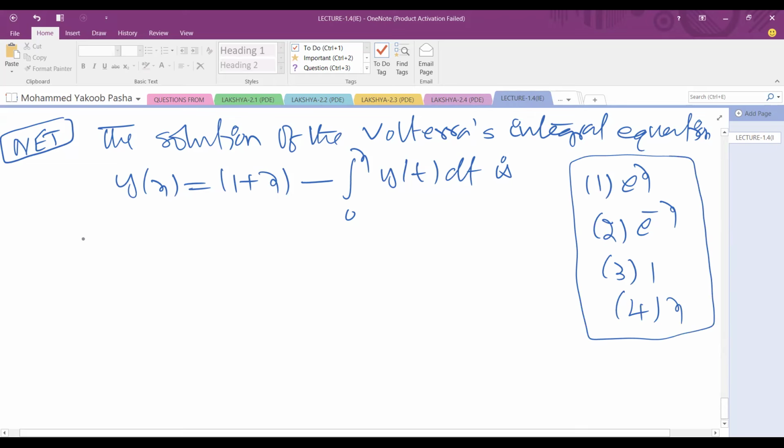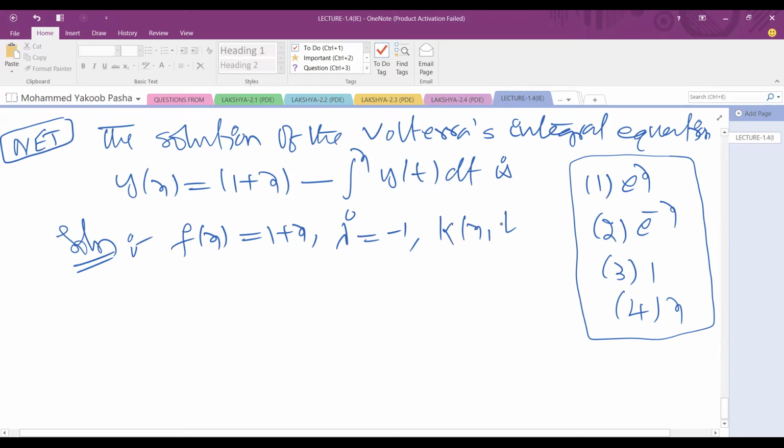Okay, first you can write the f of x value. That is 1 plus x, lambda is equal to minus 1, k of x comma t is 1, so that g of x is equal to 1.